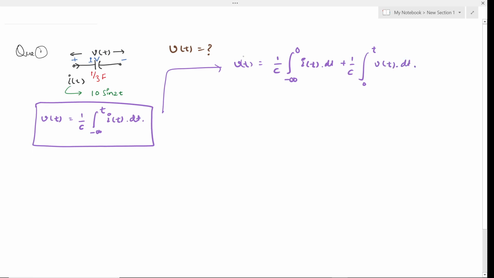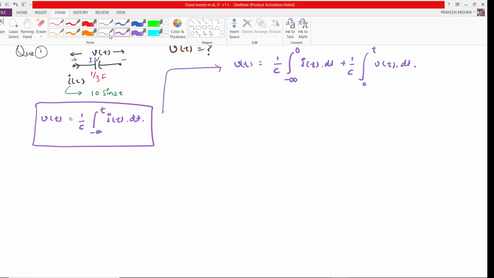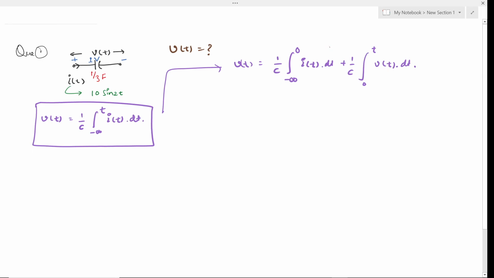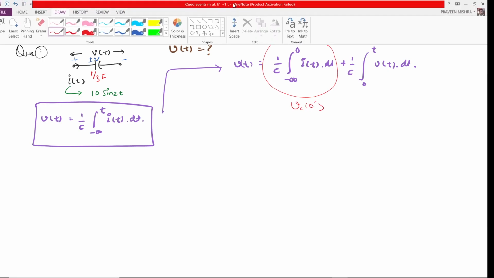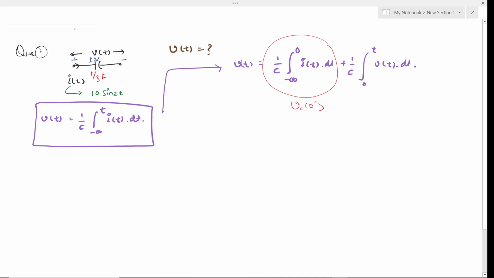So this first term is nothing but Vc(0 minus). And the property of a capacitor is that it opposes the sudden change of voltage, and the property of an inductor is that it opposes the sudden change of current.